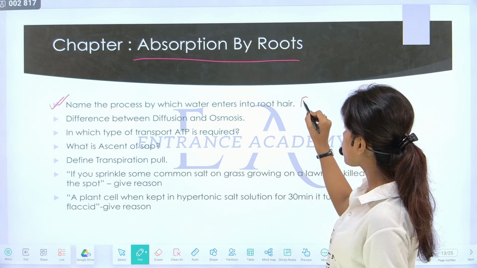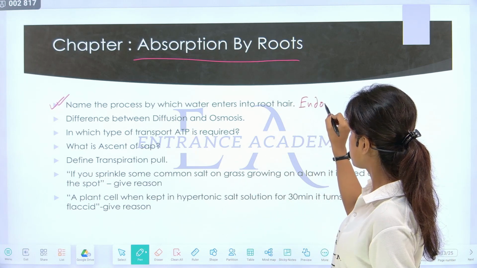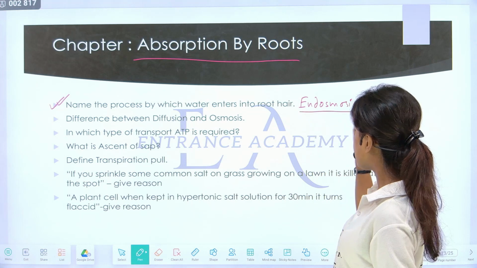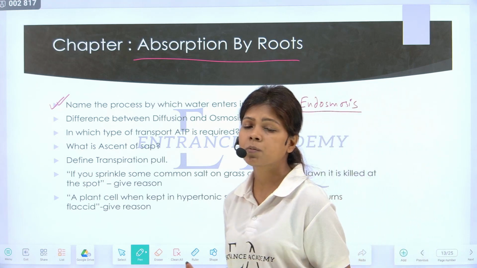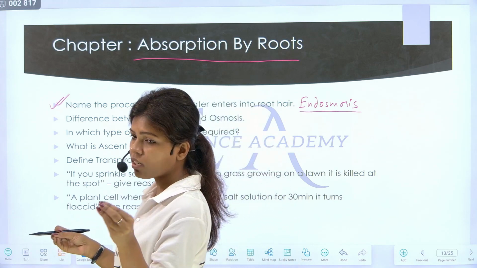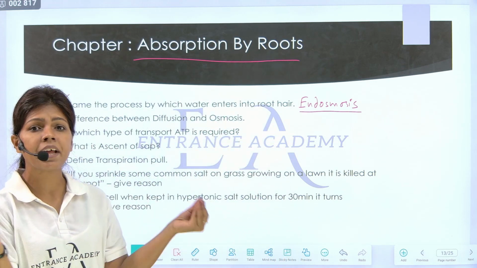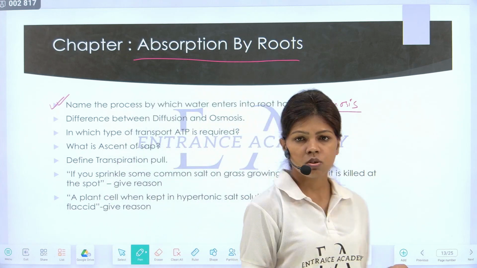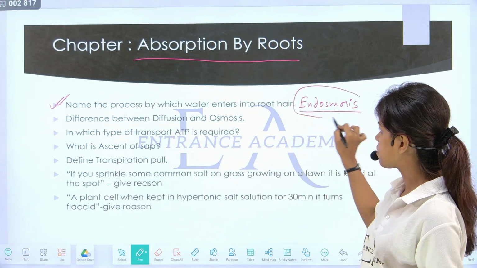That is endoosmosis. If you write osmosis, you will get half marks because there are two types of osmosis. In endoosmosis, water enters the root hair, and in exoosmosis, water leaves the root hair. So the answer will be endoosmosis.